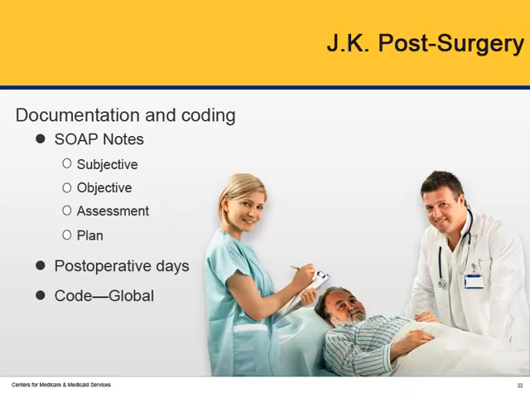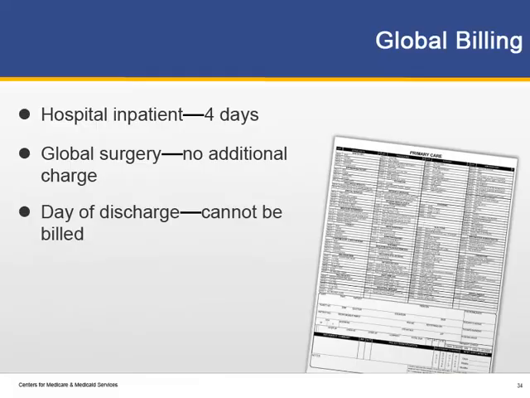ROM of knee 0 to 90, wound clean and dry. A. Stable post-op course. P. Add Elavil for phantom limb pain. Continue PT. Transfer to acute rehab when bed available. No charge. Global. JK was admitted to the hospital on October 30th, 2015, and he was discharged from hospital surgical services on November 3rd, 2015.